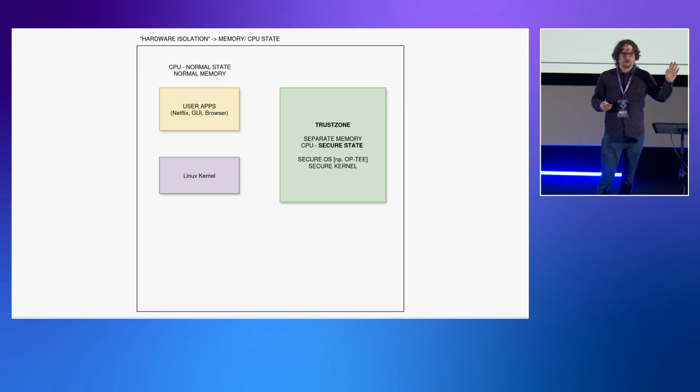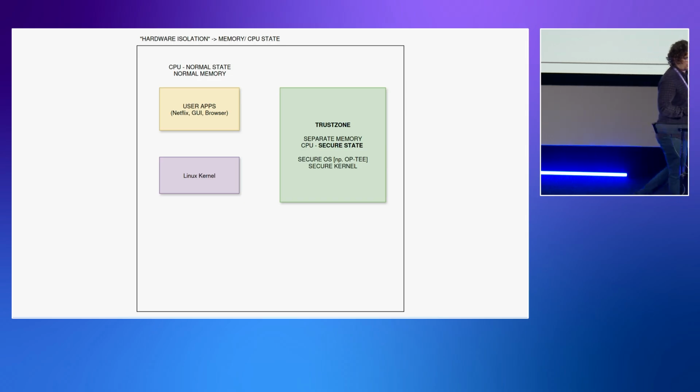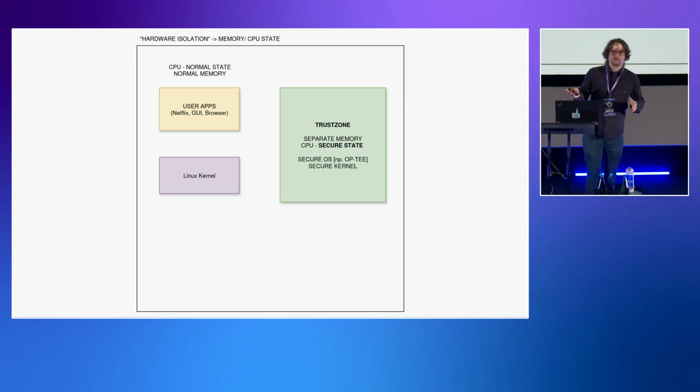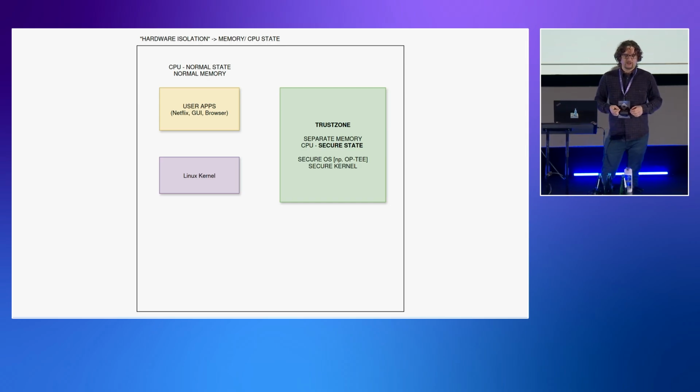Also, we don't have the normal Linux kernel running there, but we have something called the secure OS, which is, for example, OP-TEE, a secure kernel. So this is usually an RTOS or some microkernel architecture. So when you are running your system with TrustZone, you are actually running at least two operating systems. One normal for user space, and ARM TrustZone has a separate one.